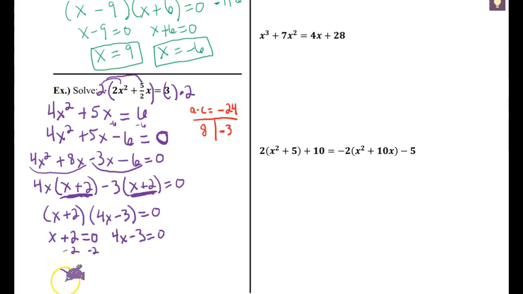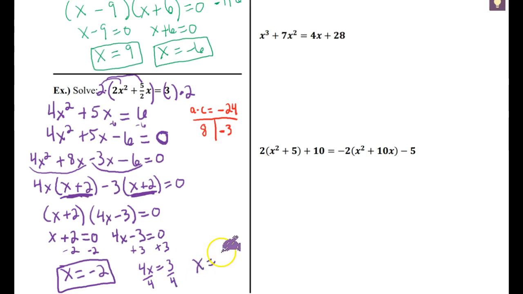So x could be negative 2. Or over here I have to add 3 first. So 4x equals 3, and then divide by 4. So x could be 3/4. And those are my 2 solutions.